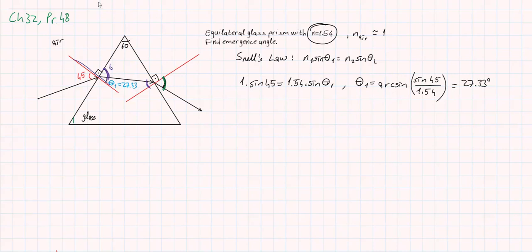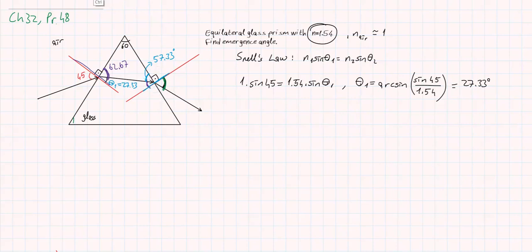It will be 62.67. And again, I know that the sum of inner angles of a triangle is 180 degrees. So I can calculate this, let's say, blue angle, and it will be 57.33 degrees. So now again, the surface normal will make 90 degrees in here as well.